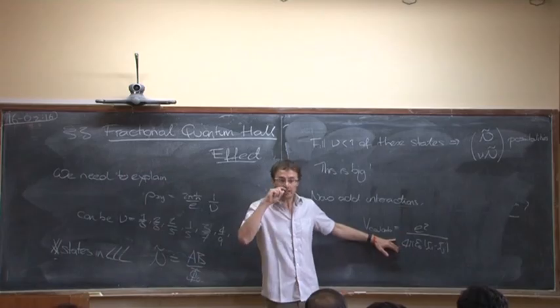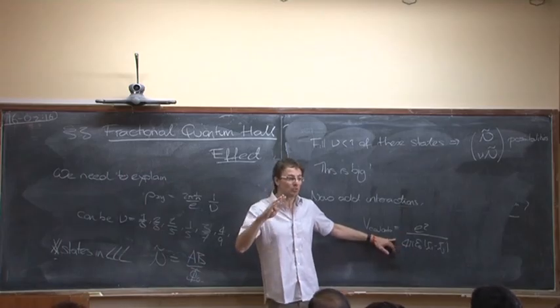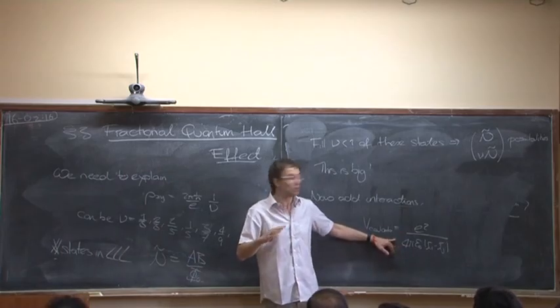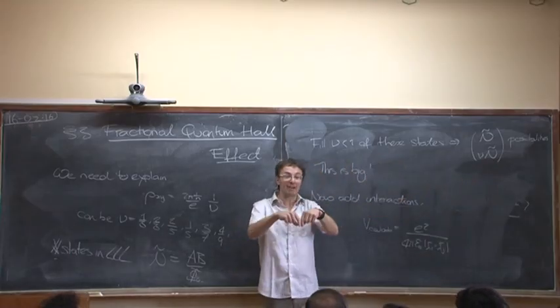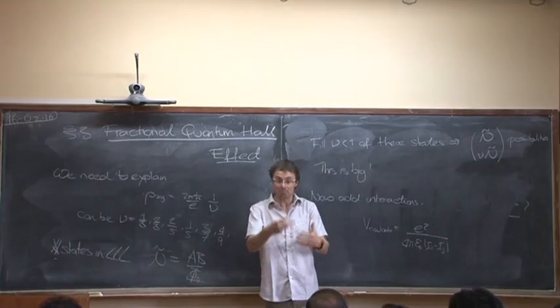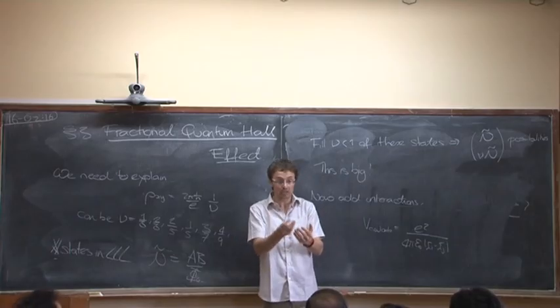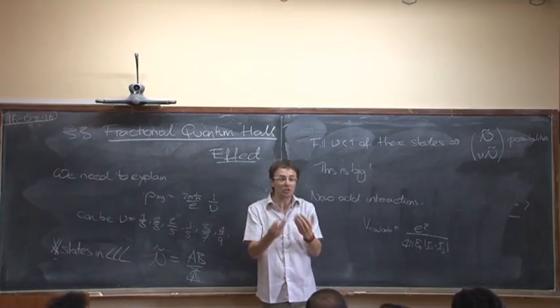Notice that in this situation, there's no such thing as weak interactions, because you've got this vast degenerate Hilbert space, and any interaction you put in has to break that degeneracy. So there's no small parameter.